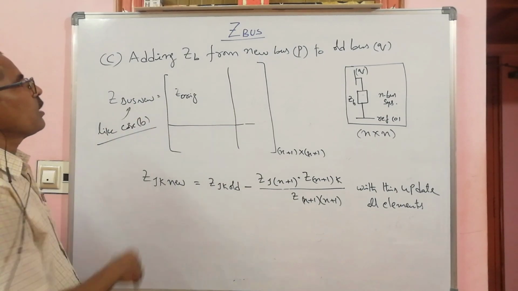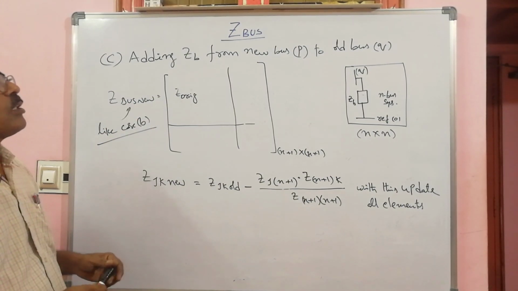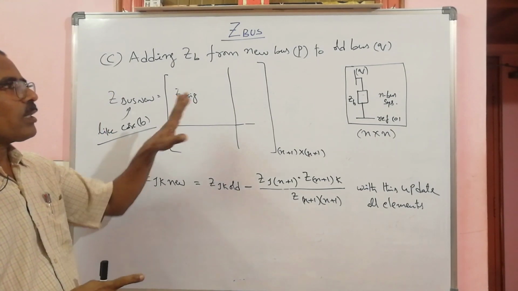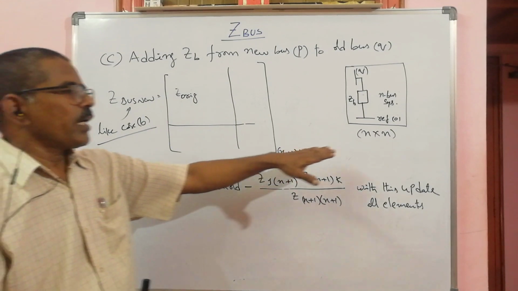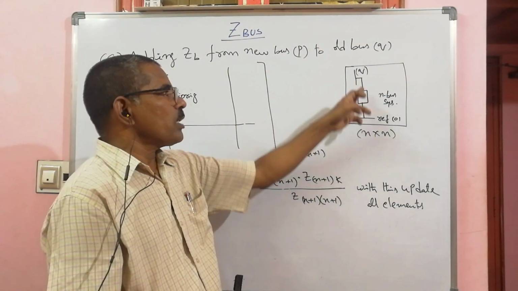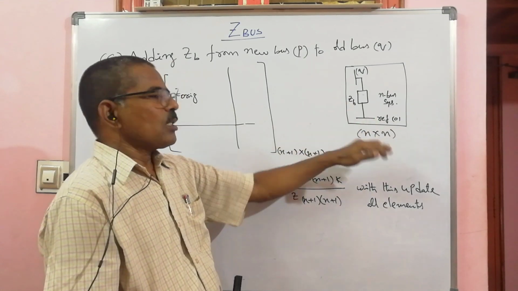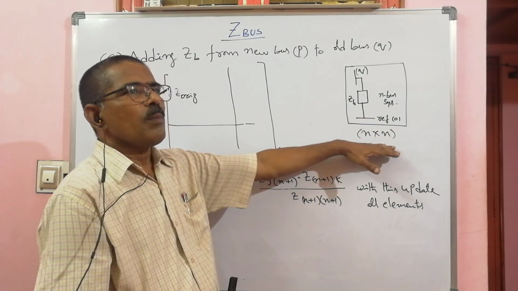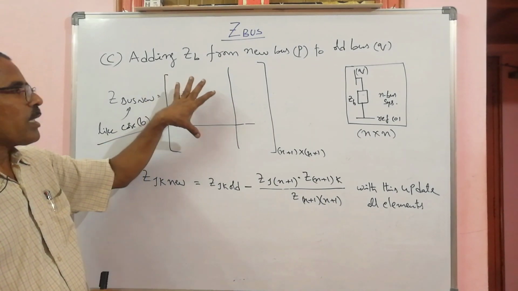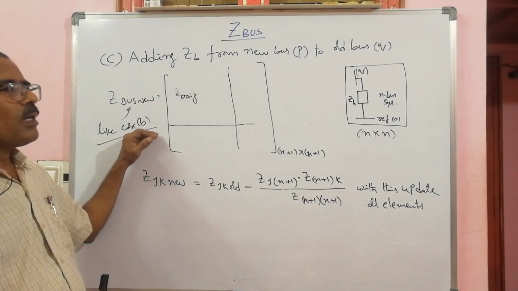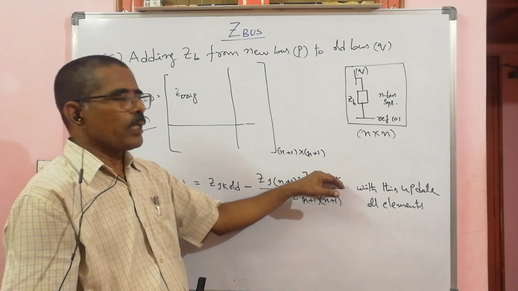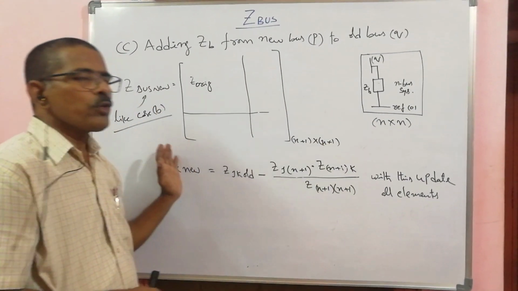So this is third, adding ZB from existing bus to reference. So always whenever there is a reduction, that means existing n by n system, and you are adding ZB between existing bus to reference. So size is not to be changed, but temporarily what you are doing is you apply the same method what we did for case B, which means you are raising the dimension to n plus 1 by n plus 1 and again reduce it.